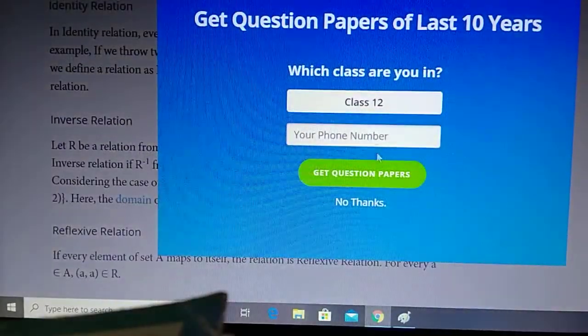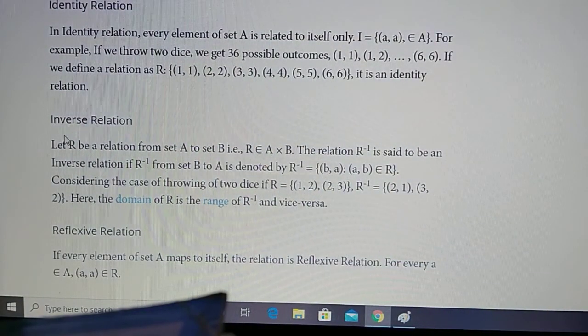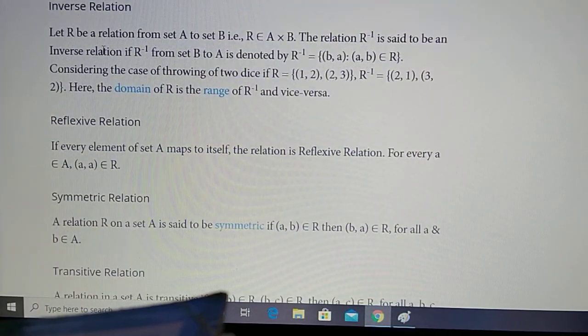Okay, what is an inverse relation? So inverse relation, like same, that's an opposite of different sets. Means element of A is in B or vice versa, element of B has A. For example, suppose we have given a relation R from A multiplied by B. So the relation R inverse is said to be an inverse relation if R inverse is from B to A. Look, very important pointer here.